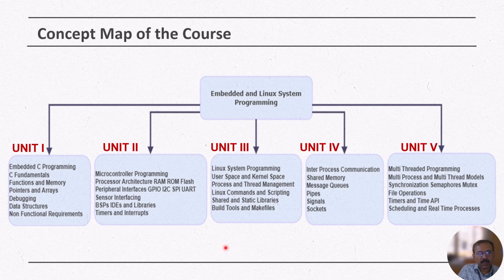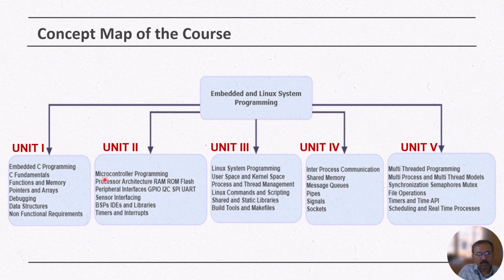Here you can see the course outline, where the unit will focus on embedded C programming, with a clear-cut distinction between how it is used for embedded applications, followed by microcontroller programming.